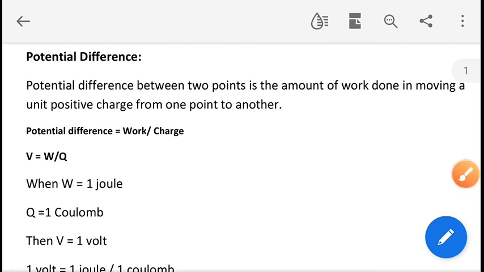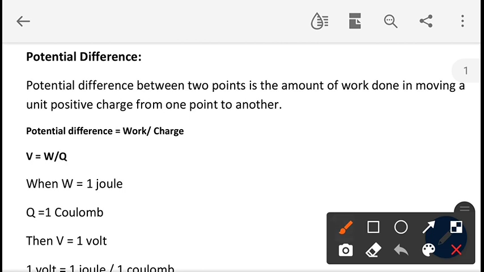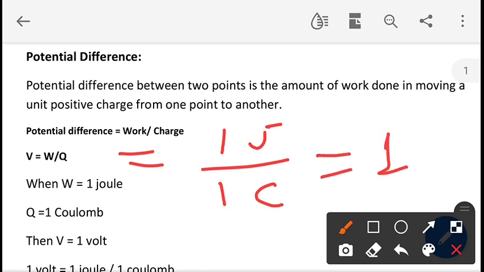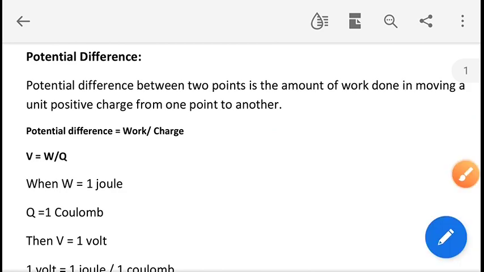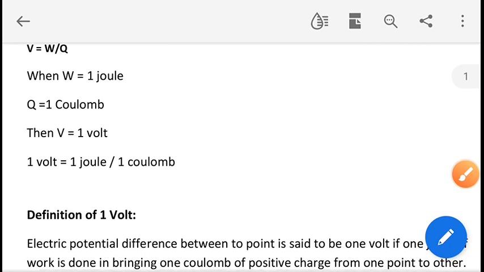Simply, in this formula V is equal to W by Q, if I put in place of W 1 joule, 1 J, and divide by 1 coulomb, 1 C, what will I get? 1 joule per coulomb. So 1 volt is equal to 1 joule per coulomb.